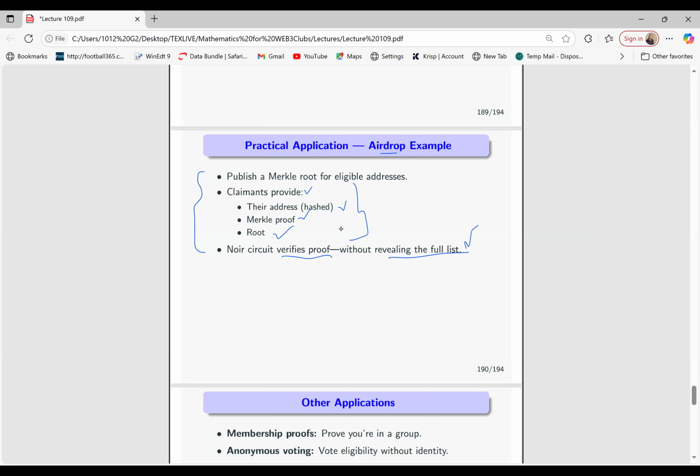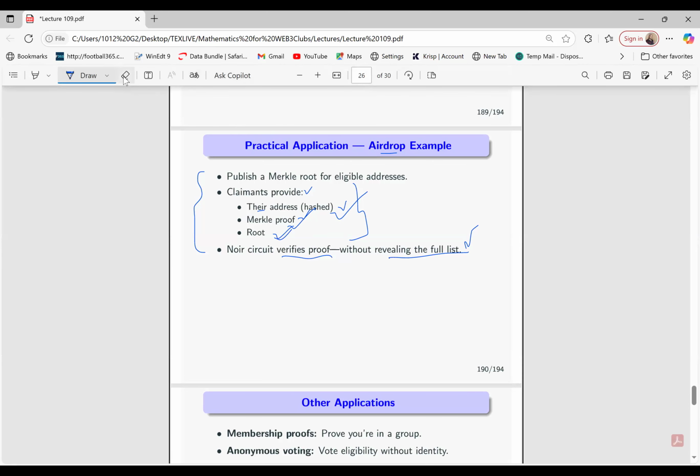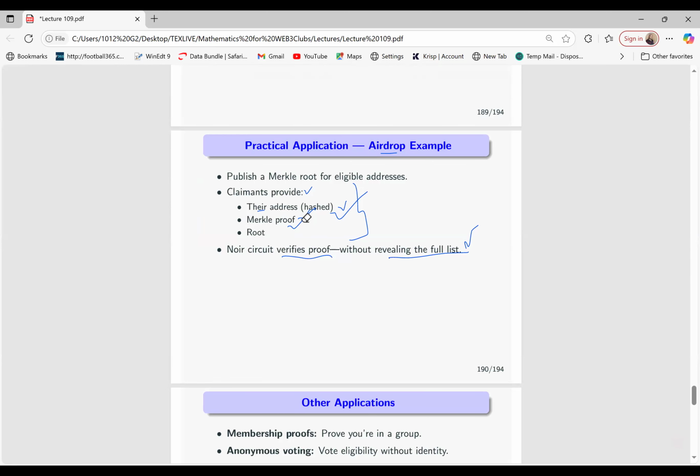You should not reveal their details. Those members will be giving hashed data, their hashed address, the Merkle proof, and the root. That is one thing I want you to do as an assignment: try to write that Merkle proof.